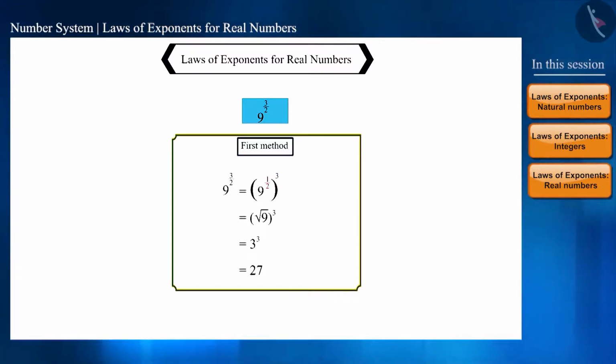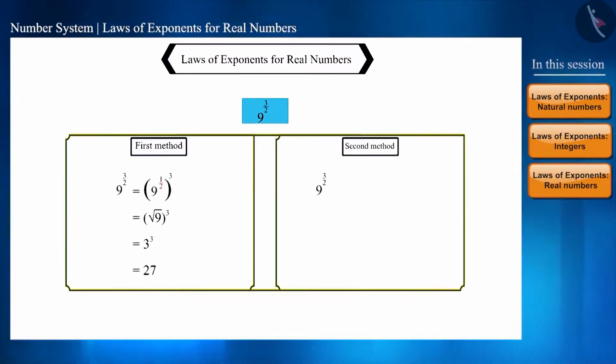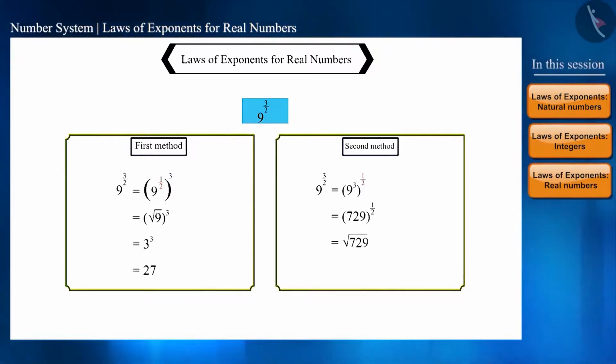And in the second method, first we take the cube of the base number and then the whole raised to the power 1 by 2. So cube of 9 is 729, and 729 raised to the power 1 by 2 is nothing but the square root of 729, which is equal to 27.